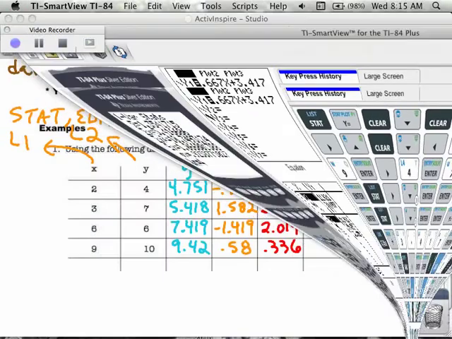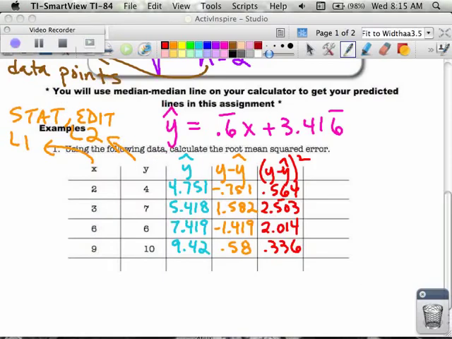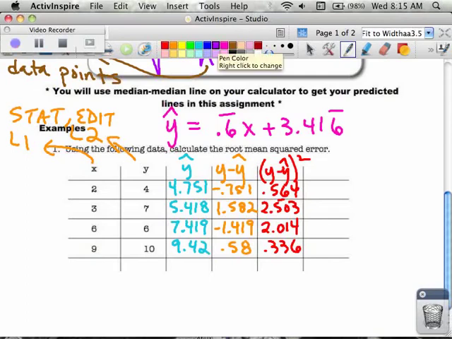and I'm going to calculate this root mean squared error. That was that purple square root. So off to the side here, I'm going to talk about this purple square root. The purple square root that we were talking about, on the top, 5.417 to 3 decimal places. That's the top, the sum of y minus y hat squared.